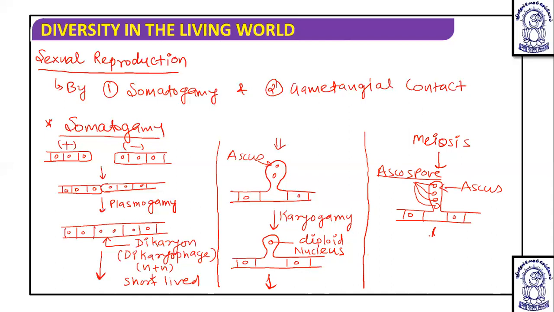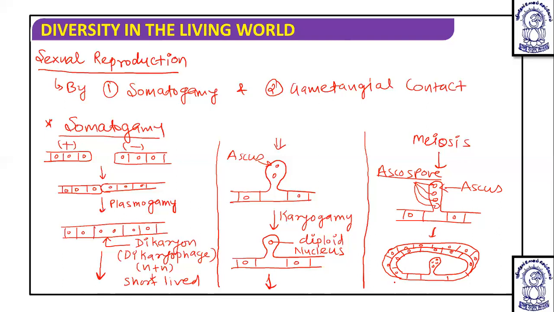Now one more thing happens, the surrounding hyphae which was present keep on growing, and when the surrounding hyphae keep on growing, they form a covering over the particular body, and in this particular ascus this is formed.